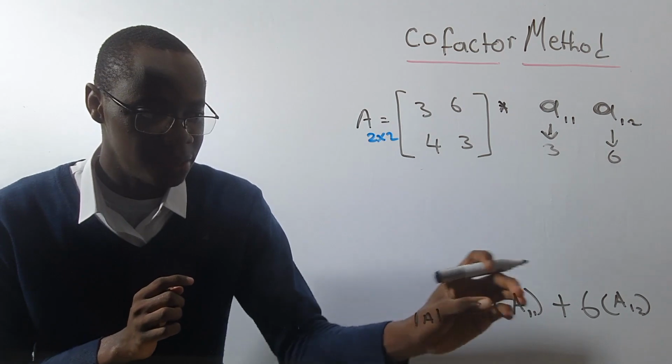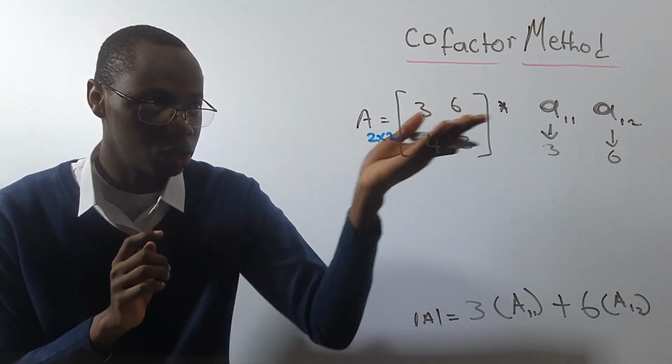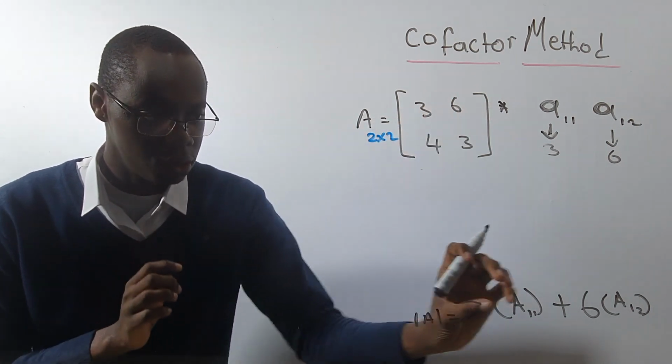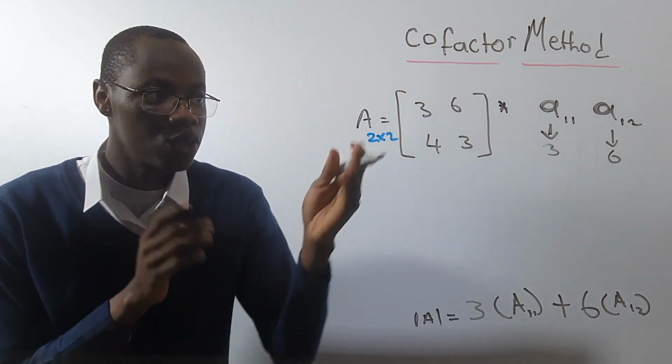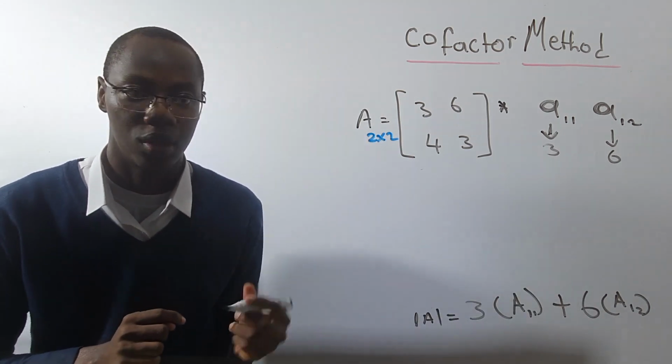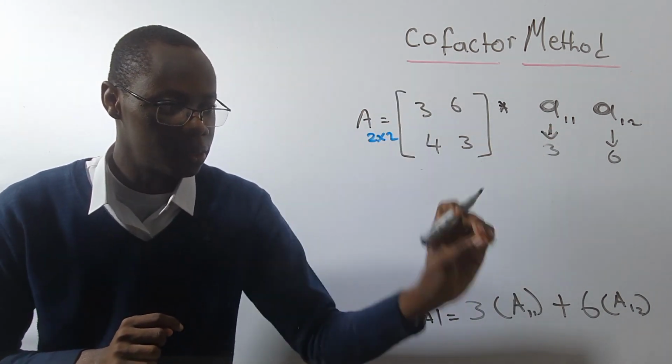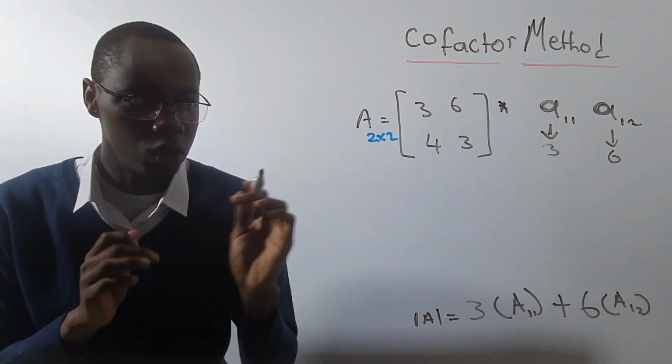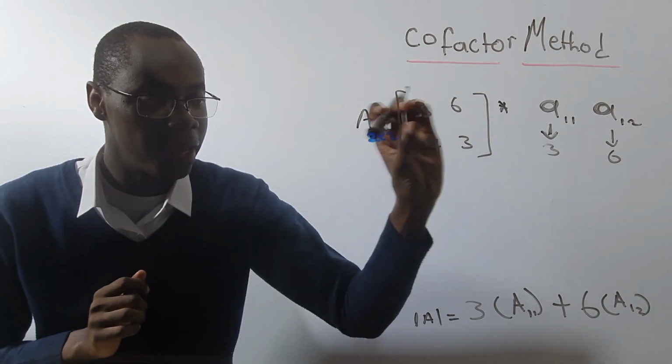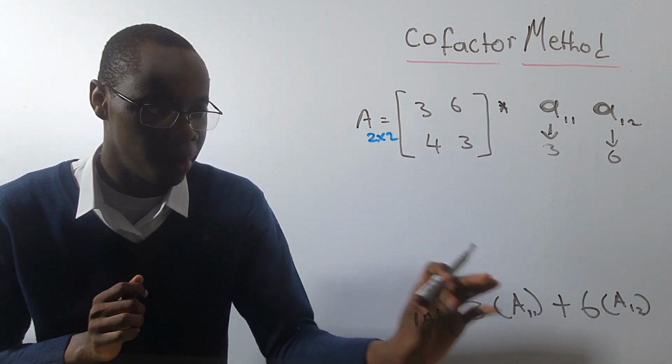But what about the minor? That's the major purpose of this video, to find the minor. So now let's go ahead and find the minor of 3 and 6. Now you understand what I mean by every element has a minor.